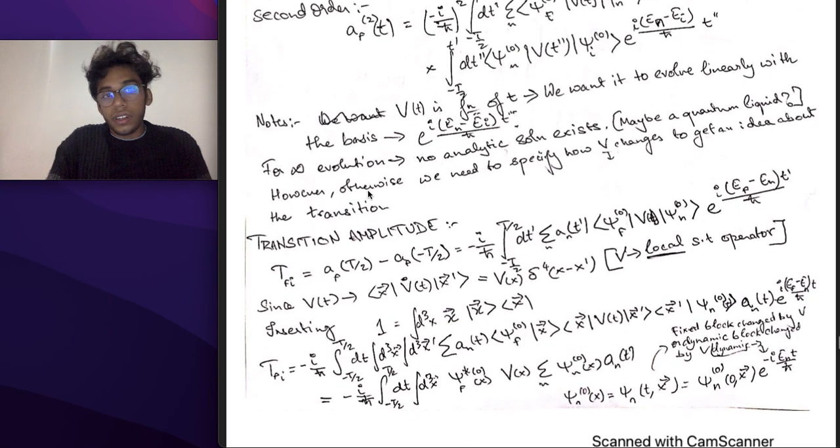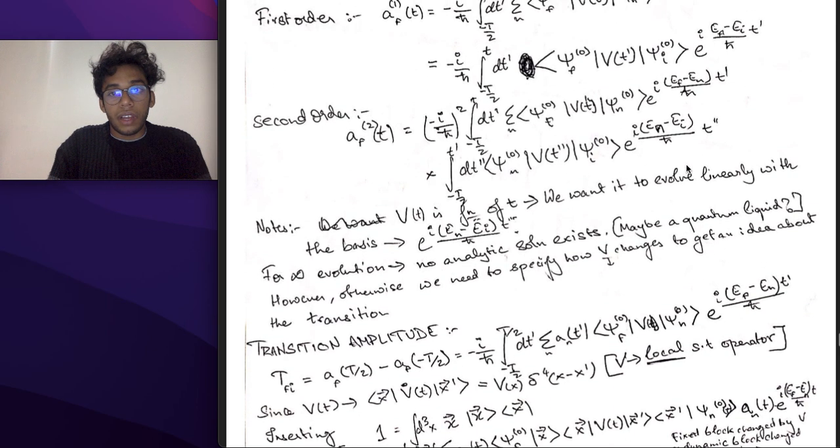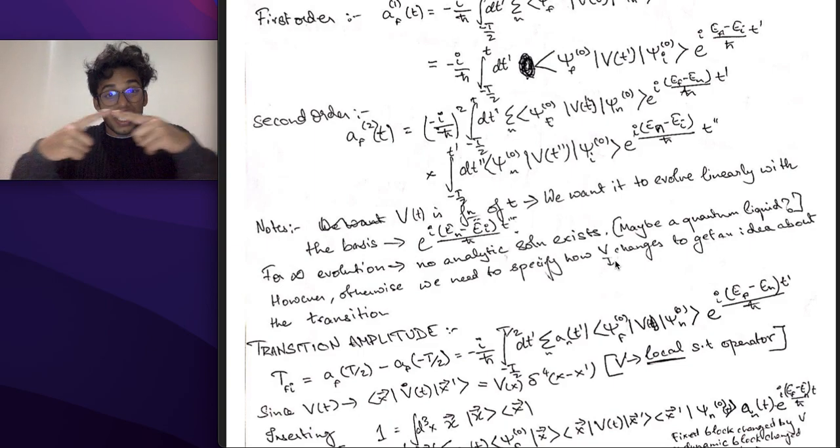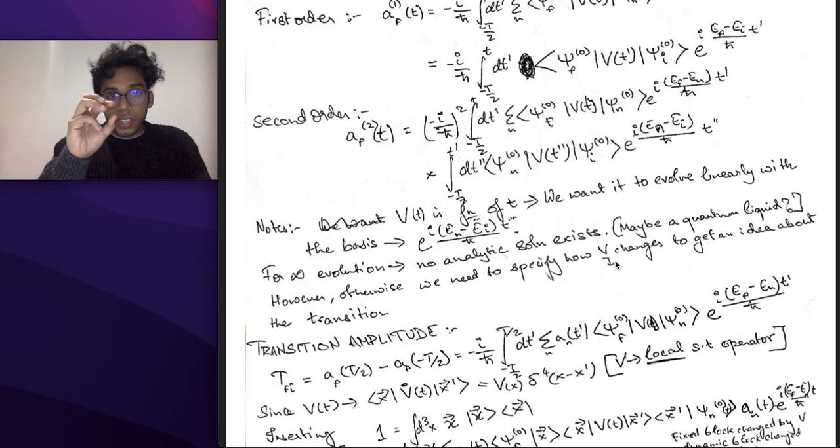So for infinite evolution, no analytic solution exists. Like I said, it's like a quantum liquid. However, what you do is you say first order perturbation theory is basically two particles colliding with each other and then going away. So you just have one order of perturbation.